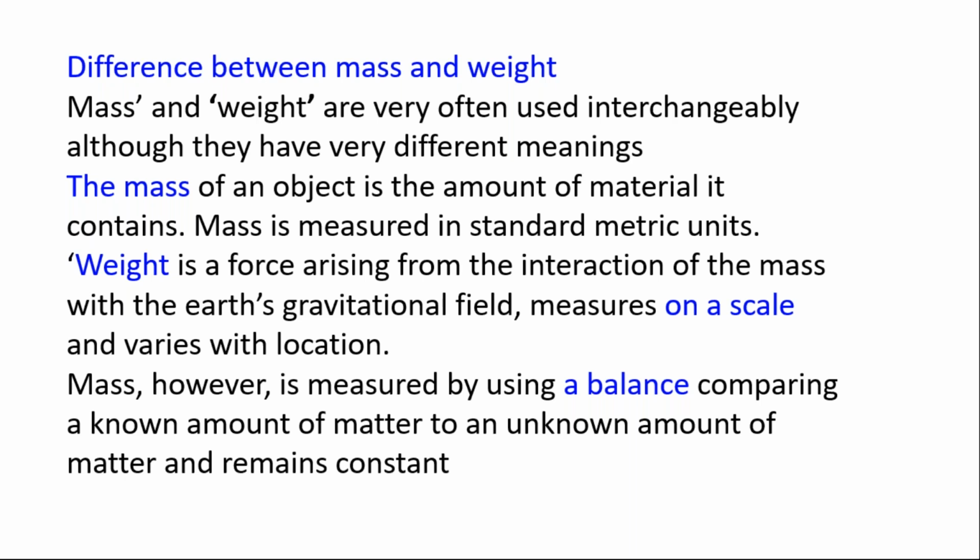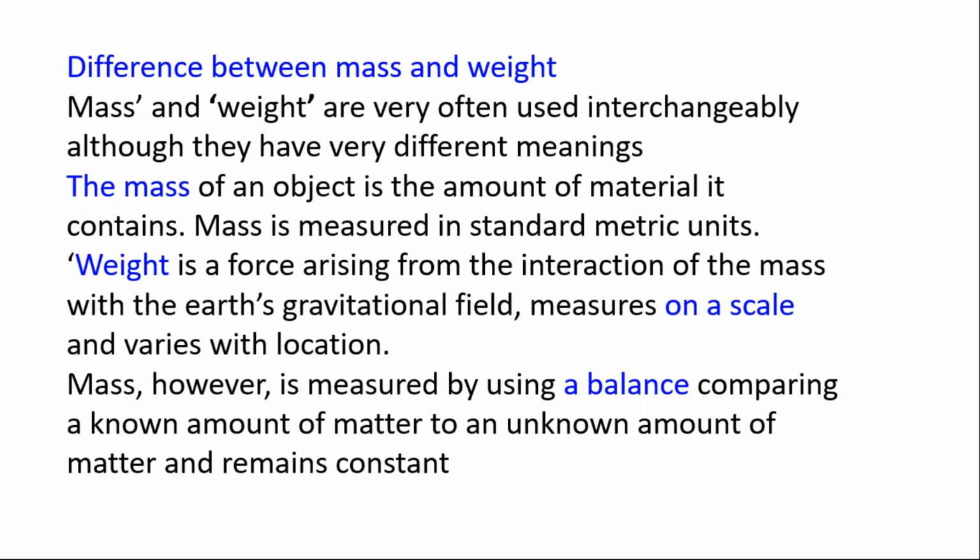That is, a balance is used to measure the known amount of matter. Weight, I think almost all of you know, is the force arising from the interaction of the mass with the Earth's gravitational field, or the gravitational pull, and weight is measured on a scale.